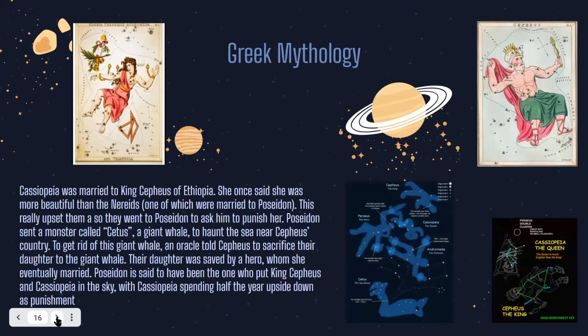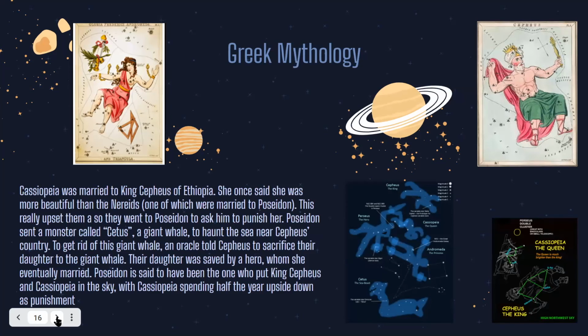And now to wrap it all up, we're going to talk about the story behind these two constellations, because they're kind of interwoven here. Cassiopeia and Cepheus were married, and Cepheus was the king of Ethiopia. Cassiopeia once said that she was more beautiful than the Nereids, one of whom Poseidon was married to.